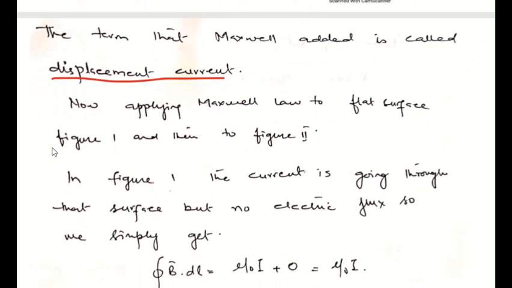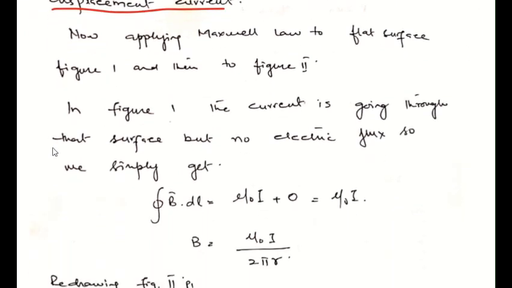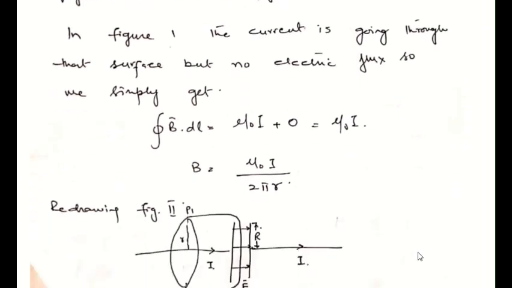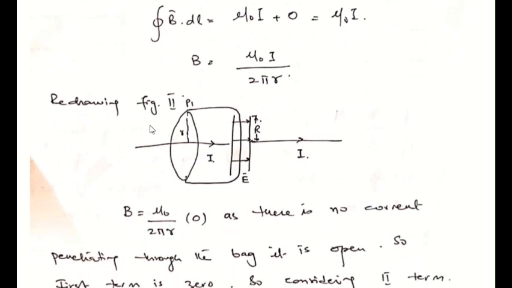Now applying Maxwell's law to a flat surface, figure 1, and then to figure 2. For figure 1, we have already seen that we have a closed loop and the wire is penetrating through the loop, and we simply have B equals mu naught I over 2 pi R. Now, from figure 2, you can see that we have this open area over here, and there the first term of this Ampere's law gets 0.